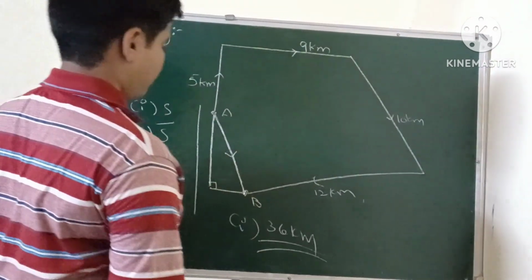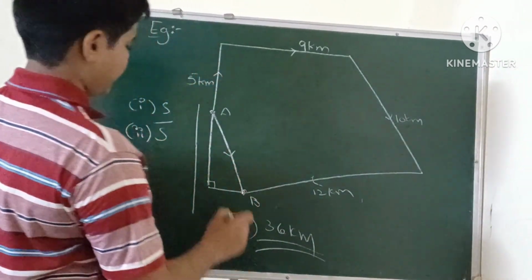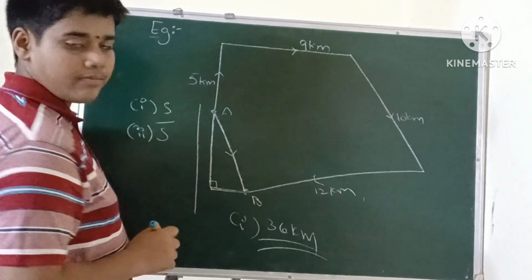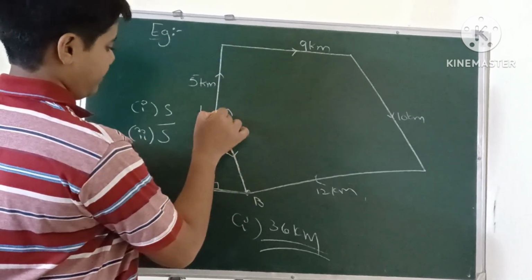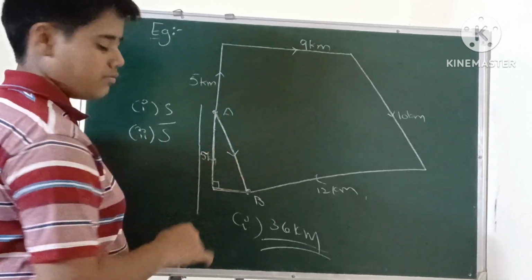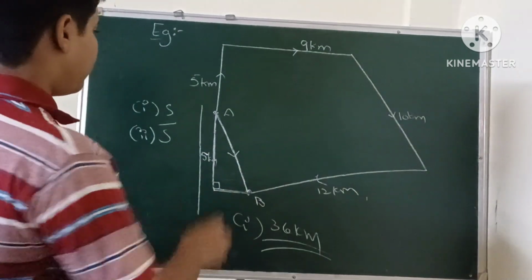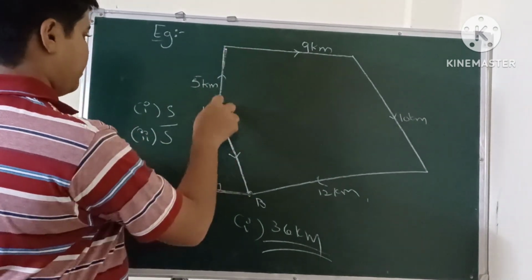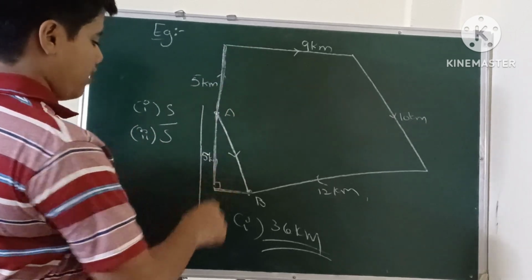How will we find the displacement here? I am taking this as 5 kilometers, because these two values are equal.